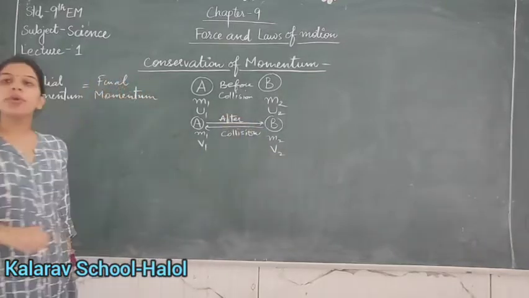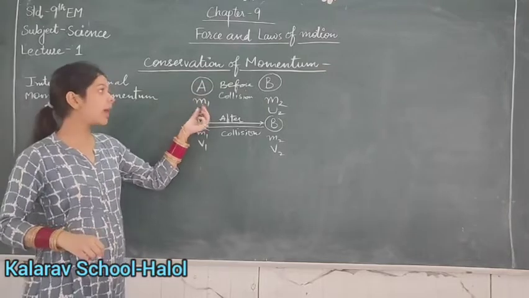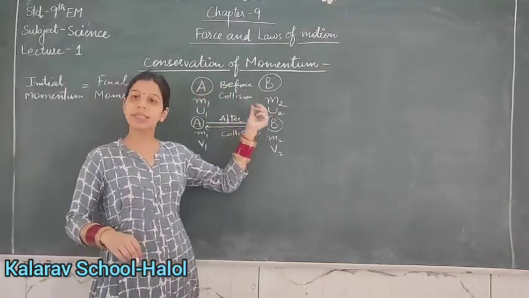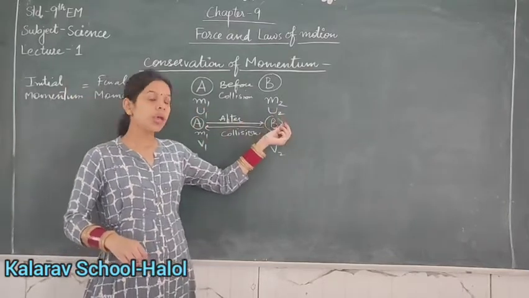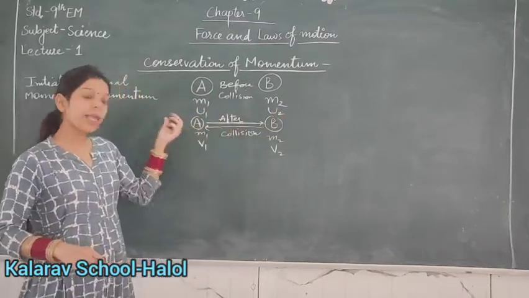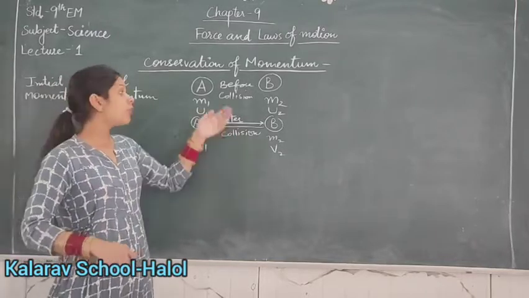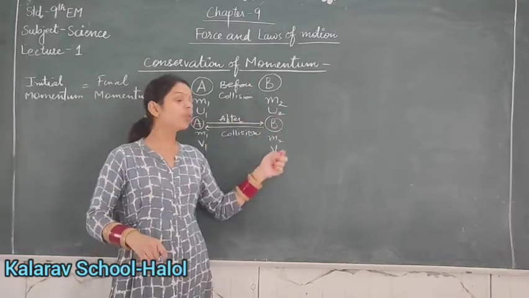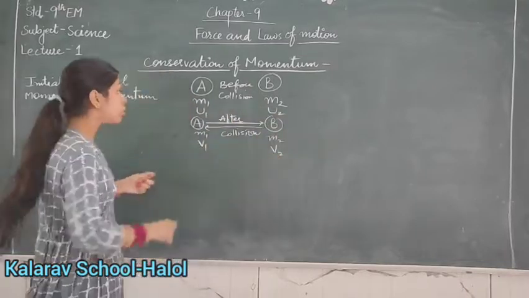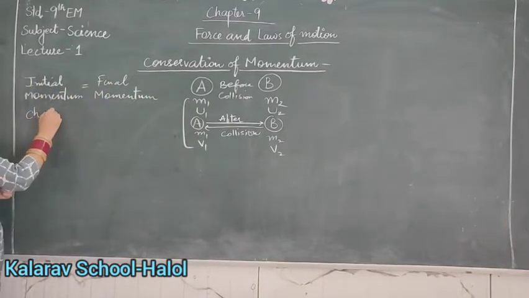So the bodies A and B after collision change their velocity from u1 to v1 and u2 to v2 respectively. Due to the change in velocity, there is a change in momentum.